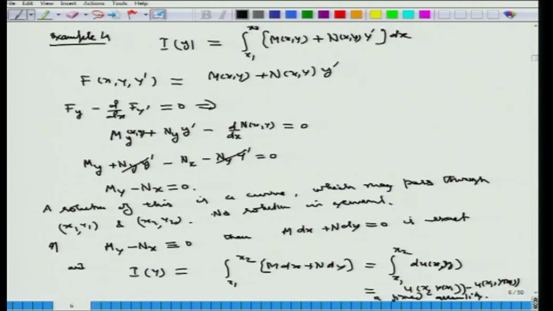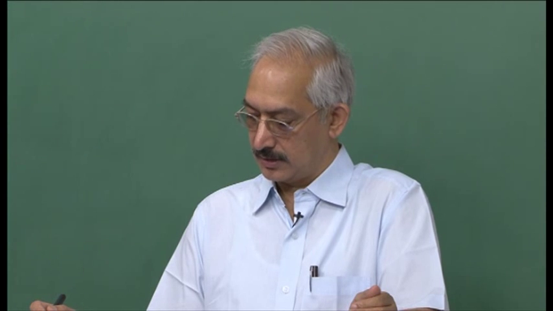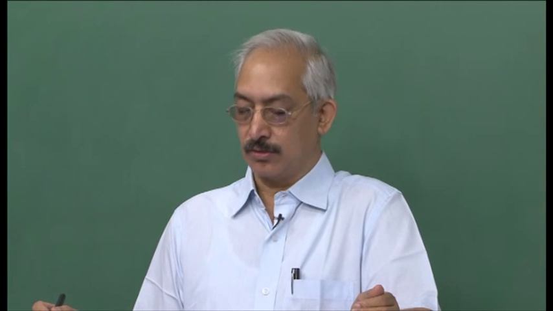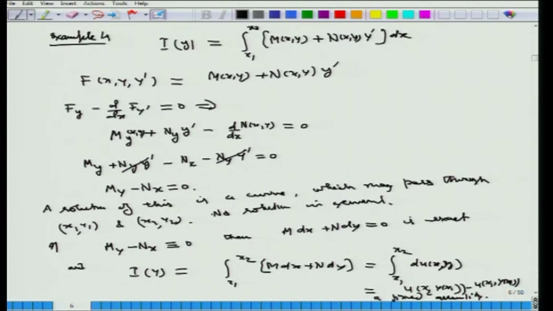By the property of an exact differential, there exists a function u(x, y) such that the total derivative of u is equal to M dx plus N dy, and so this integral finally becomes the values of u at these endpoints, u(x2, y(x2)) minus u(x1, y(x1)). This is a fixed value, and so this is not a problem of the calculus of variations.